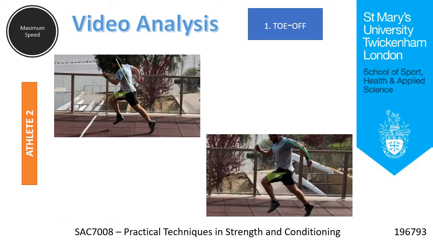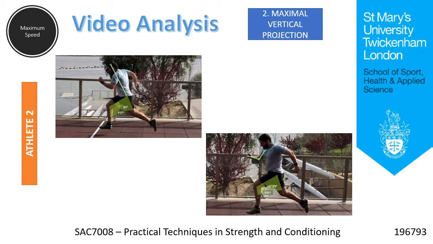Athlete number 2 presents a really excessive forward lean trunk, looking down during the movement, and his thigh clearly cannot reach 90 degrees. The forward lean trunk is clear in all the phases of this sprint.